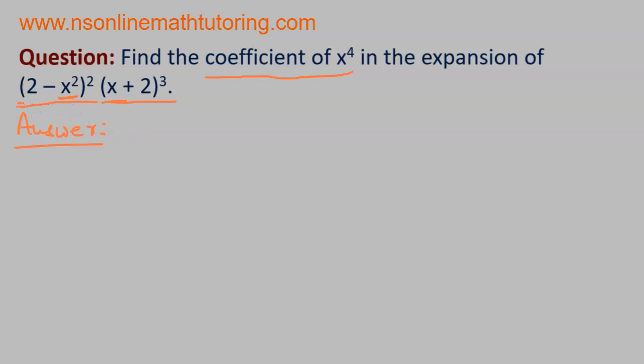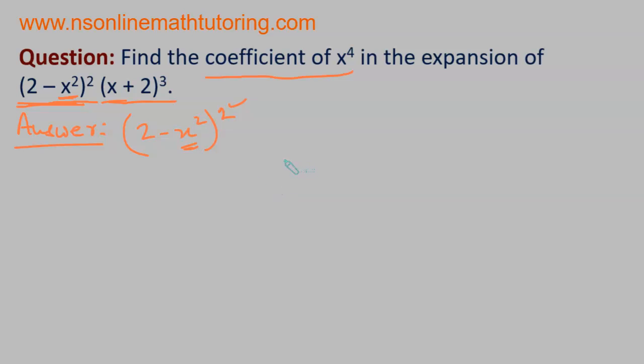So first of all, we take the first binomial expansion. Okay. So it is (2 minus x square) raised to the power of 2. And since x square is the second term, its power will be going on increasing. The power of x square in the first term will be equal to 0. And since this power is 2, there will be a total of 3 terms, 2 plus 1, 3 terms, and the power of x square in the third term will be equal to 2.